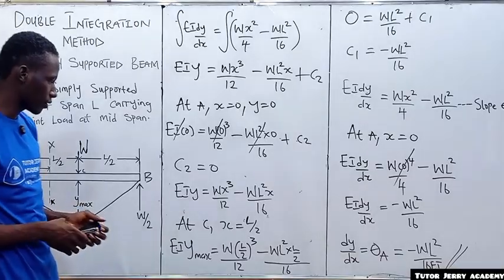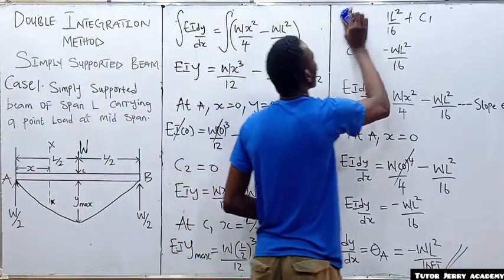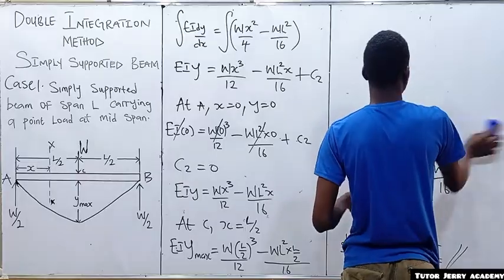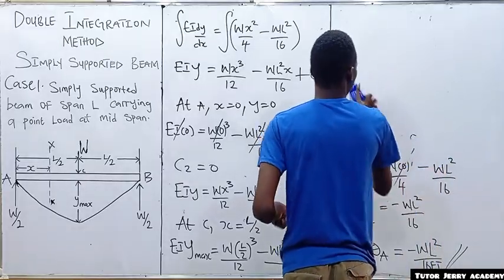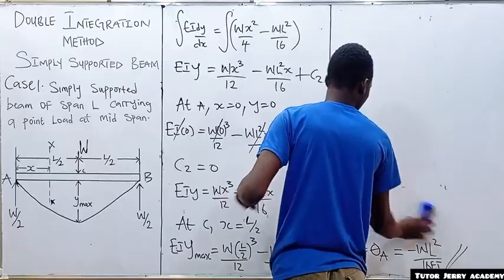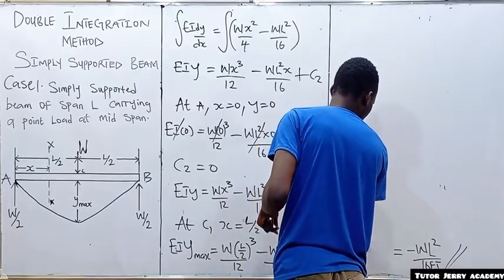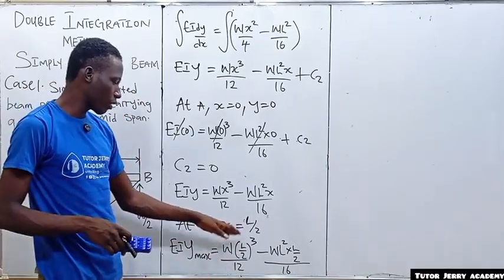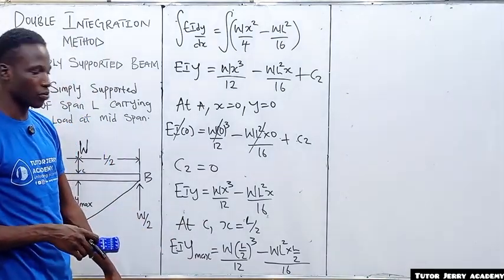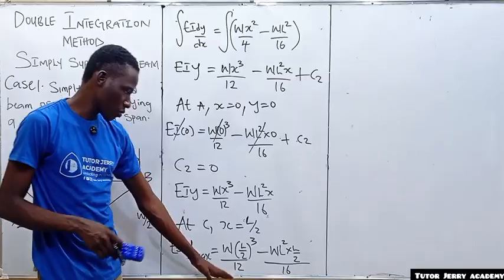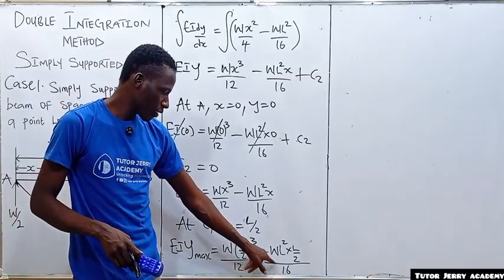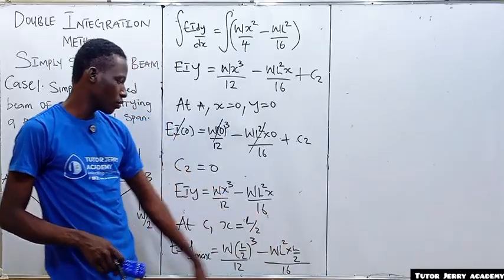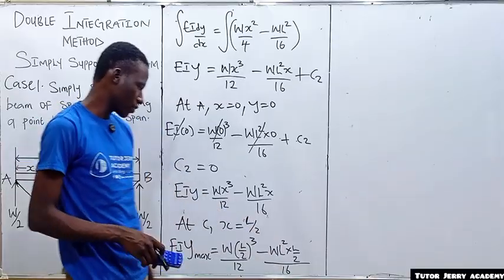So let's simplify this. L to the power of 3 is L cube. 2 to the power of 3 is 8. 8 multiplied by 12 will give us 96. Here we have W L square multiplied by L, this is W L cube all over 2. 2 multiplied by 16 is 32.